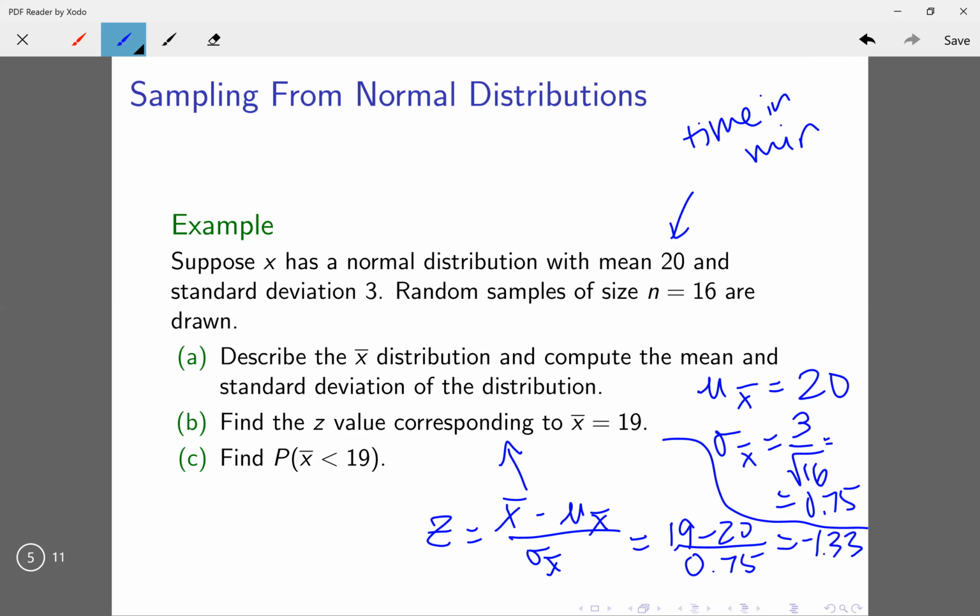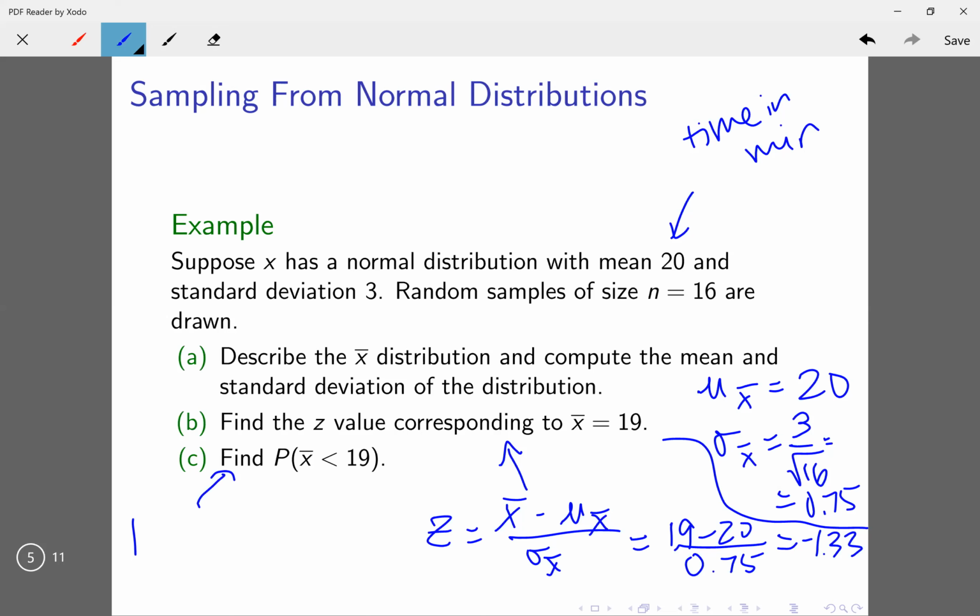This is the same process you did before with normal distributions, except now the standard deviation gets changed a little bit because we're taking samples and averaging them. So we need to find the probability that X bar is less than 19.